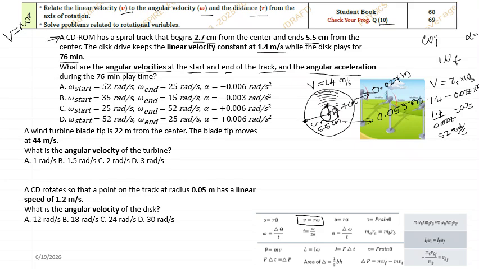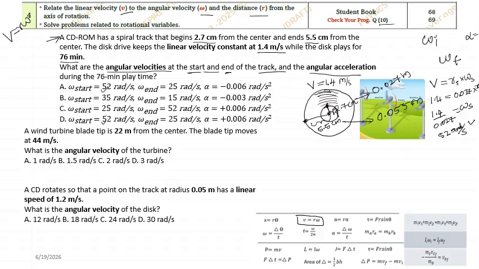You just divide 1.4 by 0.027. It's 51.8, approximately 52. Now look at, we have two options, this and this, so we can consider either A or D will be the correct answer. Now let us calculate the final velocity as well.